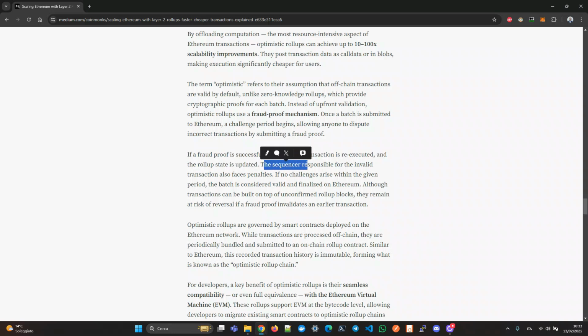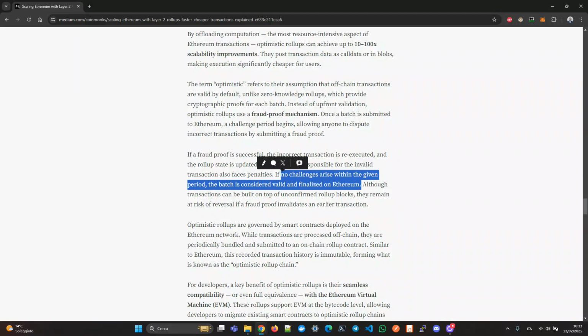Then the sequencer responsible for the invalid transaction faces penalties, and if no challenges arise within the given period, the batch is considered valid and finalized on Ethereum.